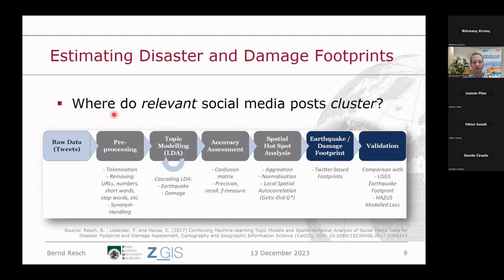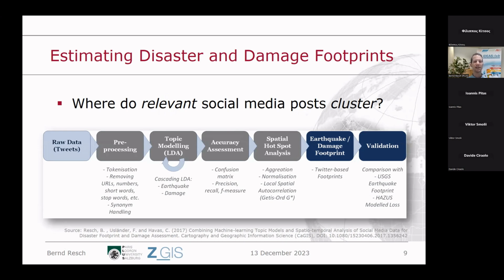So the where is obviously a big one, because if we want to know where help needs to be deployed, we need to know where the disaster is striking, of course. Relevance is always a question, because people post all different kinds of things on social media. For example, about their, I don't know, food and their pets and their leisure time activities. So if we filter all that out, then we get relevant information for a certain natural disaster.